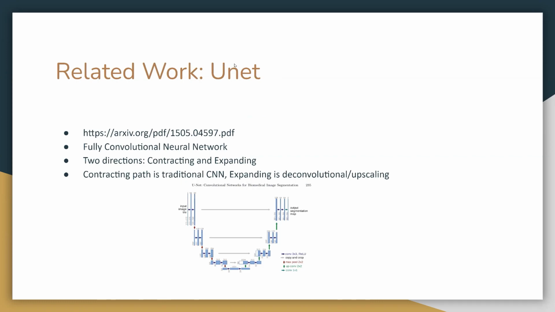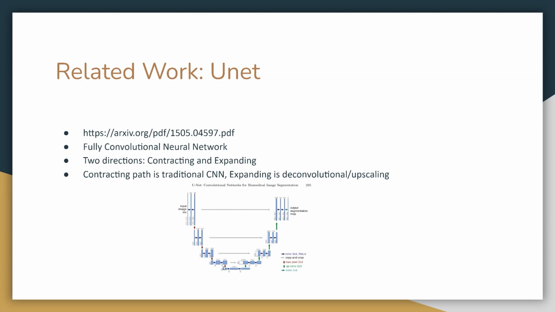I'm not sure who all is familiar, but the general idea of UNet is that it's a fully convolutional neural network where there are two paths. There's the regular contracting path of a neural network that we're probably all familiar with, where via convolution and pooling, you work downwards towards a very rich feature space where the features are representative of a high receptive field.